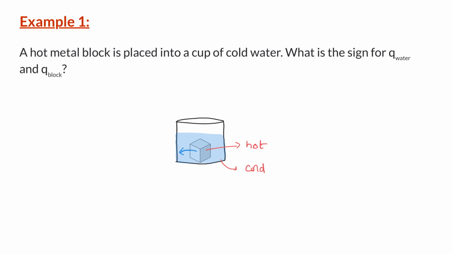The internal energy of metal block goes down as it loses heat. Therefore, the Q of block is negative, and the internal energy of water goes up while it absorbs heat. Therefore, the Q of water is positive.